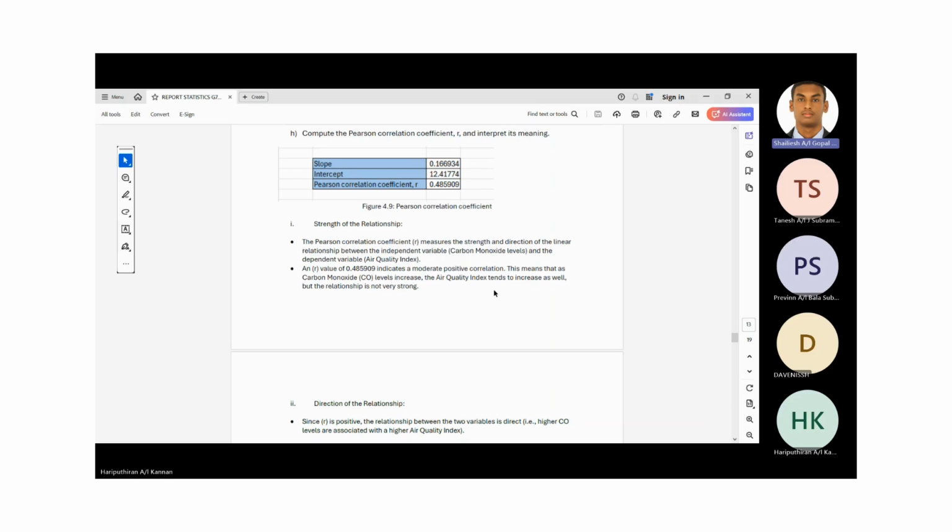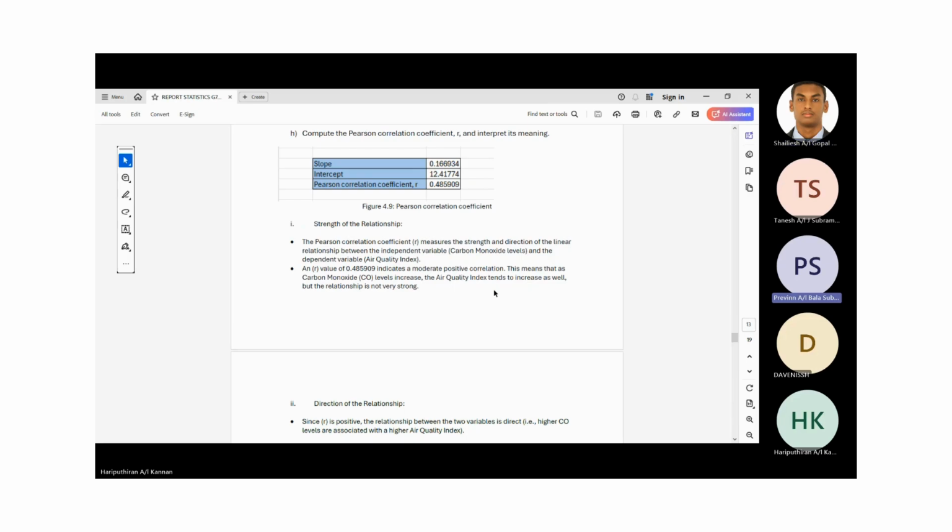However, the value is not close to 1, suggesting that other factors besides carbon monoxide influence the air quality index. A higher R value would indicate a stronger correlation, while a value closer to 0 would suggest a weak or no correlation. Thank you.